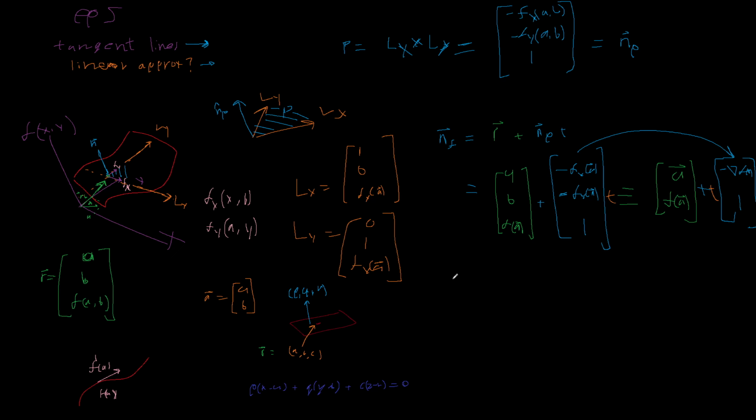If we turn this guy into this guy, we get minus f_x times x minus a, minus f_y times y minus b, plus z minus f, equals 0. I'm going to omit the a's, but these are all evaluated at a.